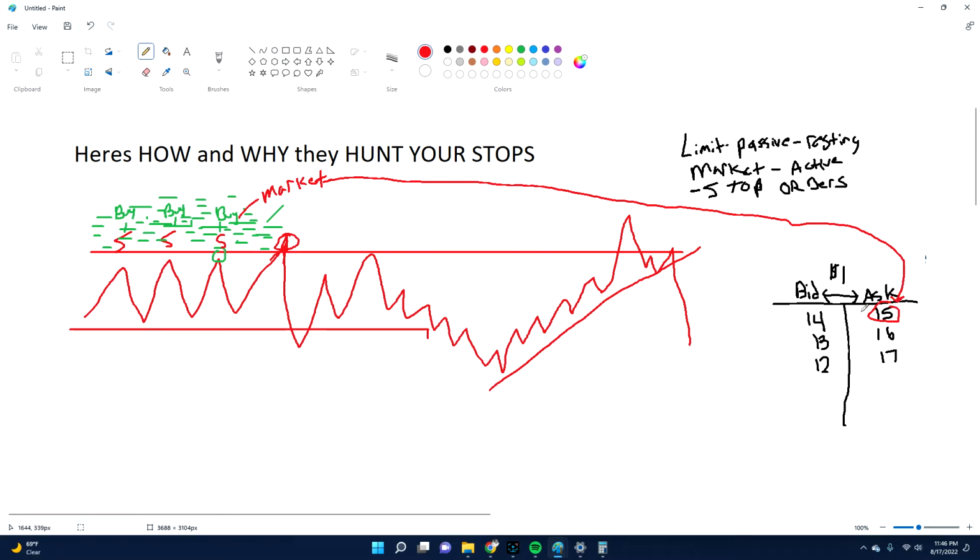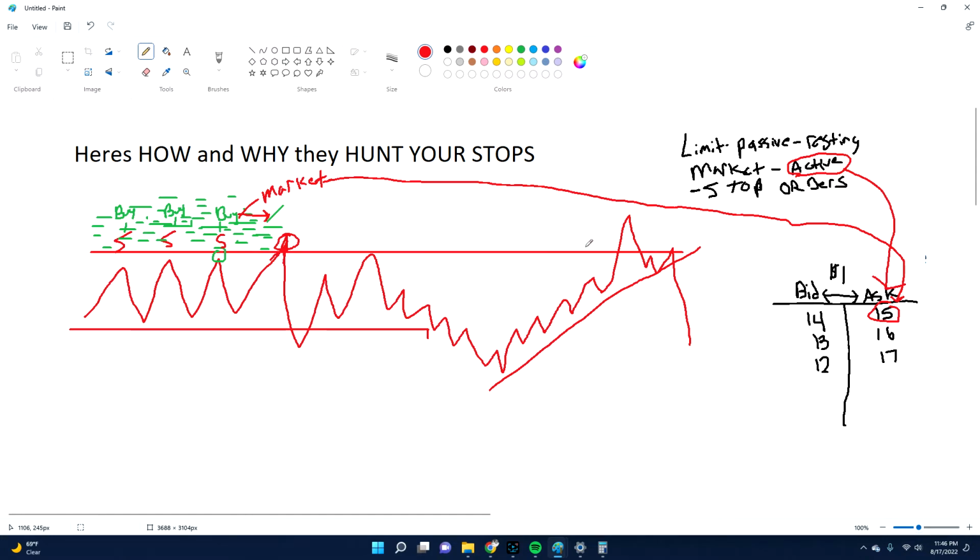So you are actively moving the market up for them. They don't want to go up though, they want to go down. They just want your orders. So if you're buying on the market, guess who's selling to you? They are, because they are initiating sell positions in this area.